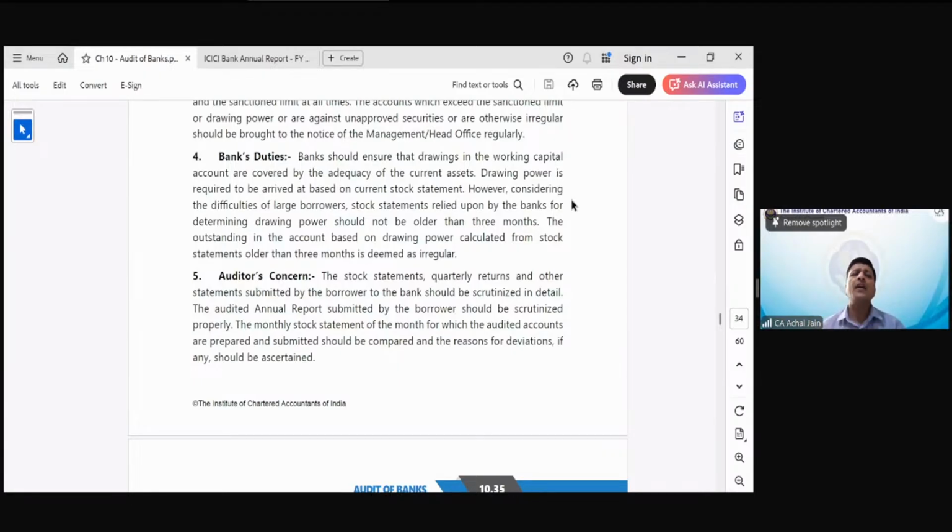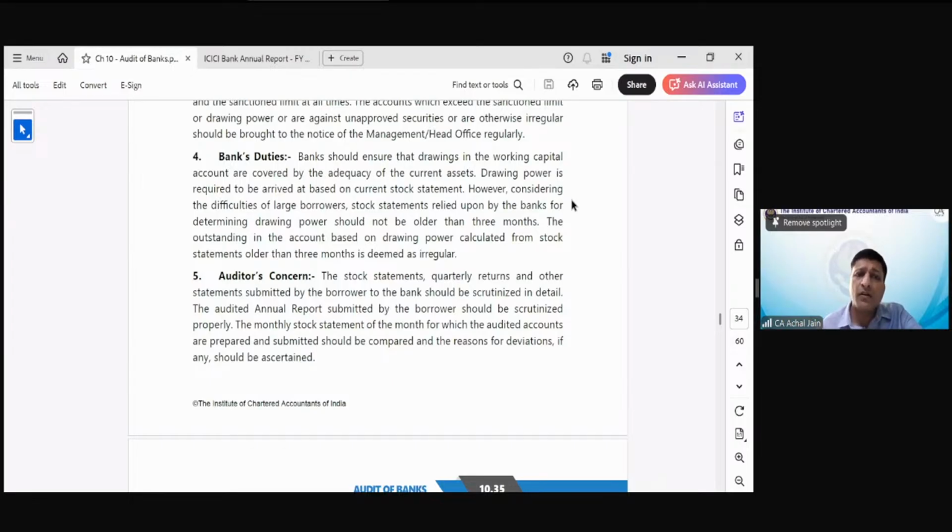However, considering the difficulties of large borrowers, stock statements relied upon by the banks for determining drawing power should not be older than 3 months. Outstanding in the account based on drawing power calculated from stock statements older than 3 months is deemed as irregular. Irregular means which is not appropriate. So that's the term that you use. I think you will get more clarity around it once we look into this calculation also.